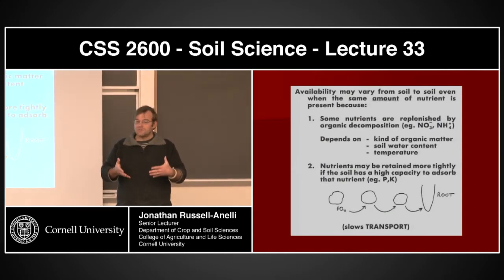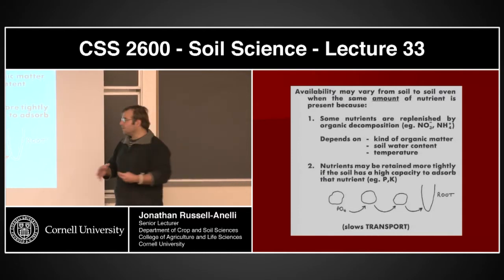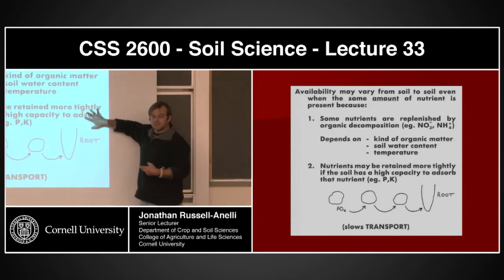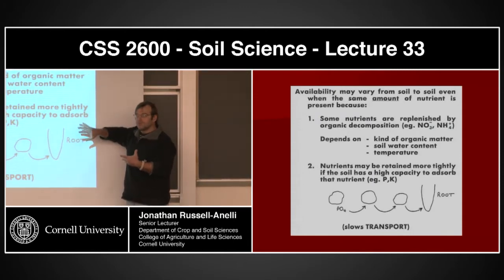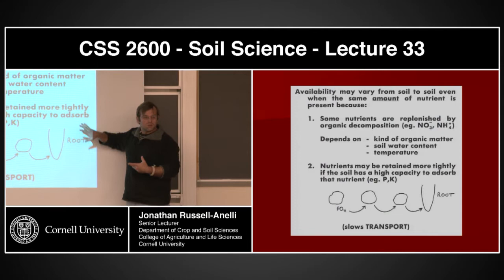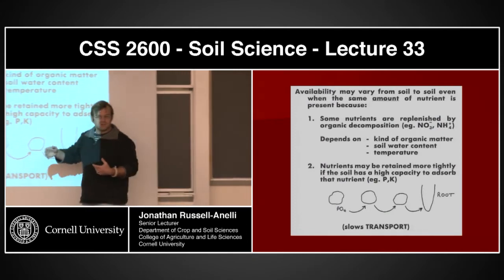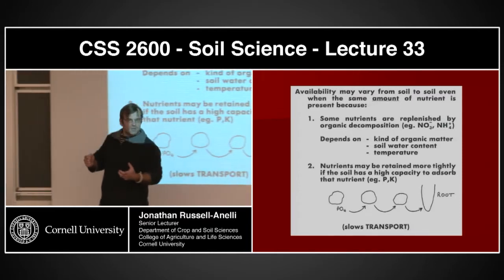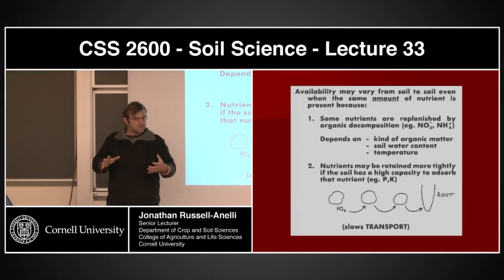Maximum availability of phosphorus tends to be around 6.5 because you're minimizing calcium and aluminum and iron. So that's a property of retention, a property of the soil that holds on to that, in this case, phosphorus. Does that make sense to everybody? Yeah? Kind of?